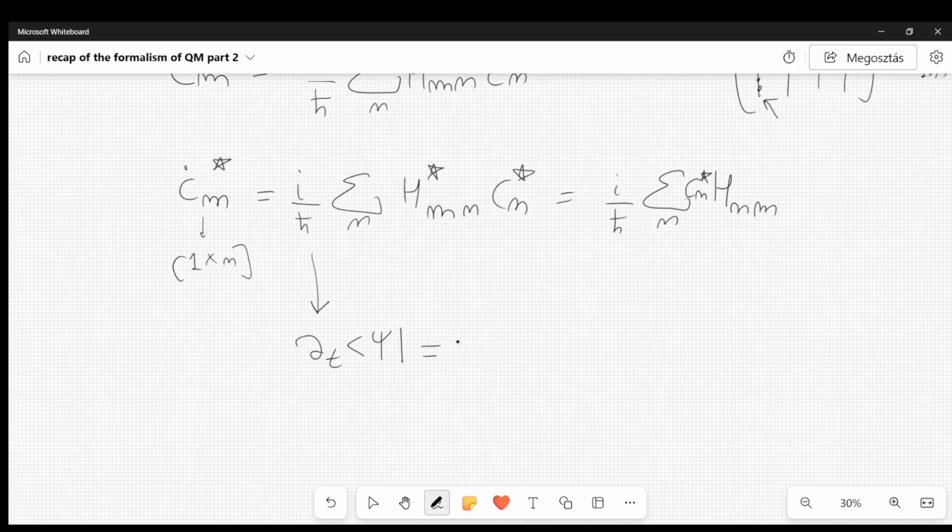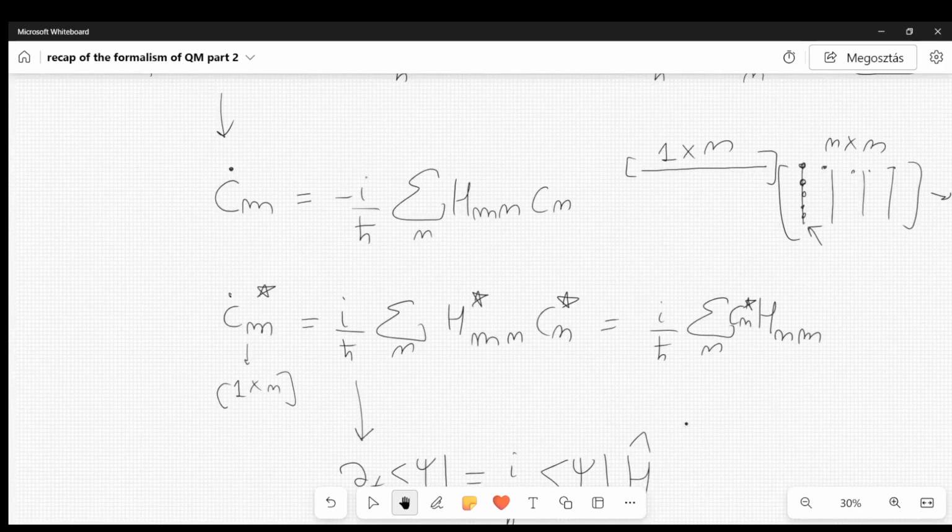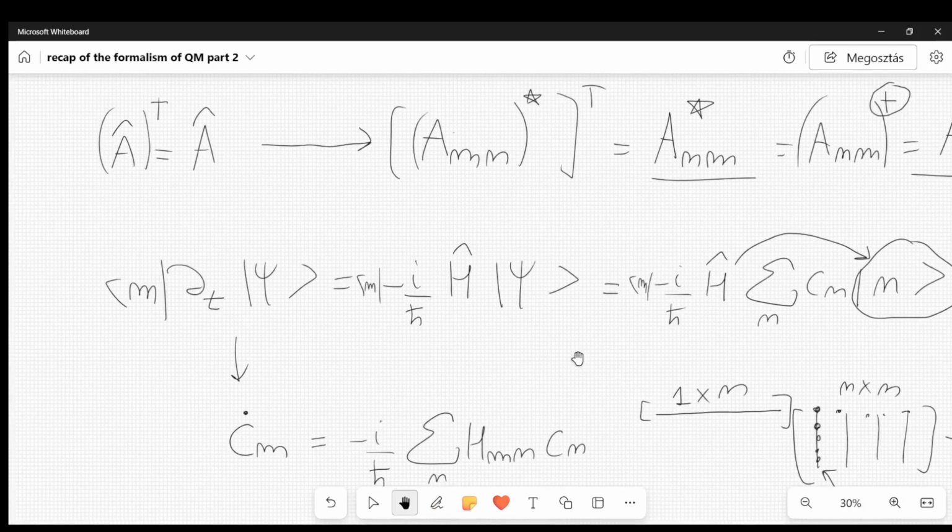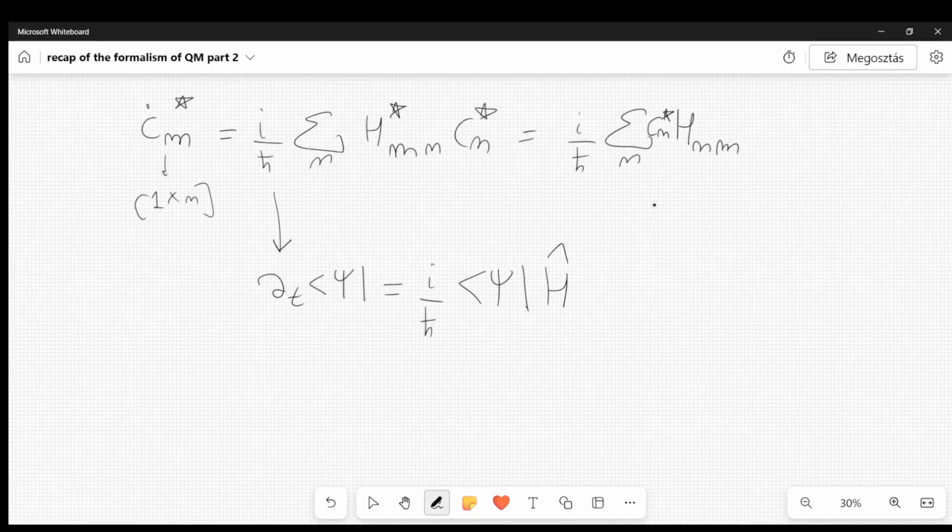And here we have i over h bar, and then we have the bra psi, which is the same as this one, but in this case we have the derivative because there is this dot, and then we have the Hamiltonian. So another kind of notation is this one. Basically, it's like taking the usual Schrödinger equation in the bracket notation, so it's this equal to this, and then you take the complex conjugate transpose, and you are led to this expression here.